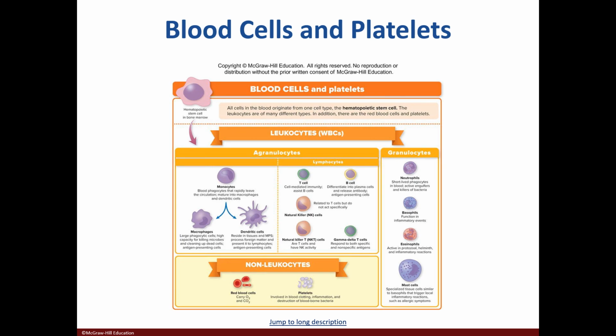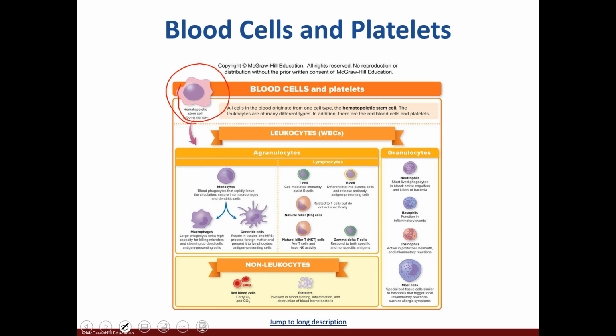All cell types in the blood originate from the hematopoietic stem cell. The leukocytes, which are the white blood cells, are characterized as agranulocytes or granulocytes. The agranulocytes are those that don't contain granules in their cytoplasm. They include the monocytes, which transform into phagocytic macrophages and dendritic cells.